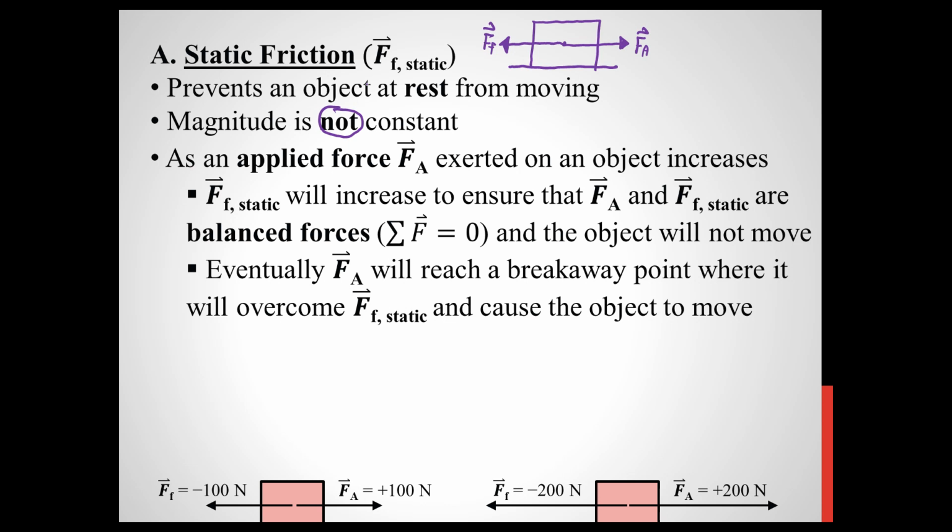The breakaway point would be when your applied force is finally bigger than the force of static friction. If it's bigger than the force of static friction, then you have an unbalanced force towards the right in this situation, and that causes me to accelerate towards the right according to Newton's second law of motion.